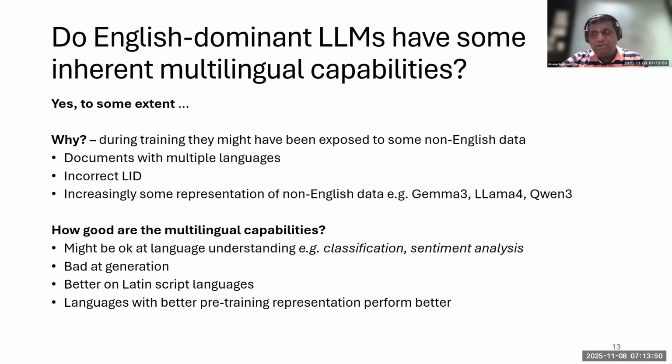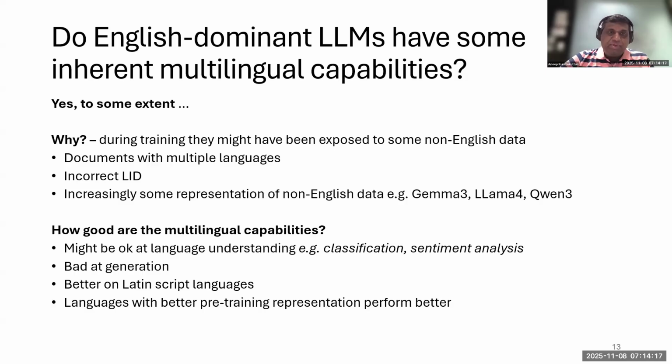Also today, increasingly, many of the models, both proprietary and open source, already have some increased representation of non-English data. So even if there isn't a large effort to train multilingually, there is at least some effort to cover a lot of languages. That already gives some baseline multilingual capabilities to these models.